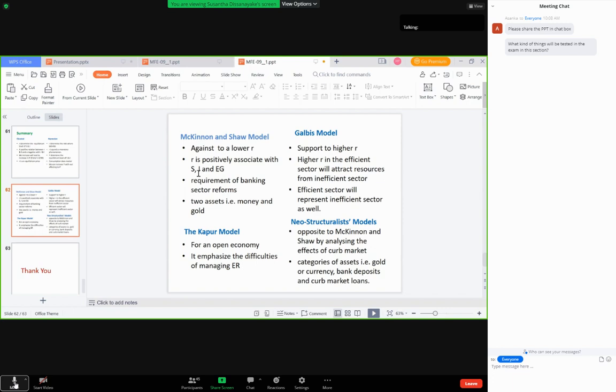We obviously know that when the interest rate is high, saving is high. But here they are saying that when the interest rate is high, investment is also high, since they talk about the financial sector.